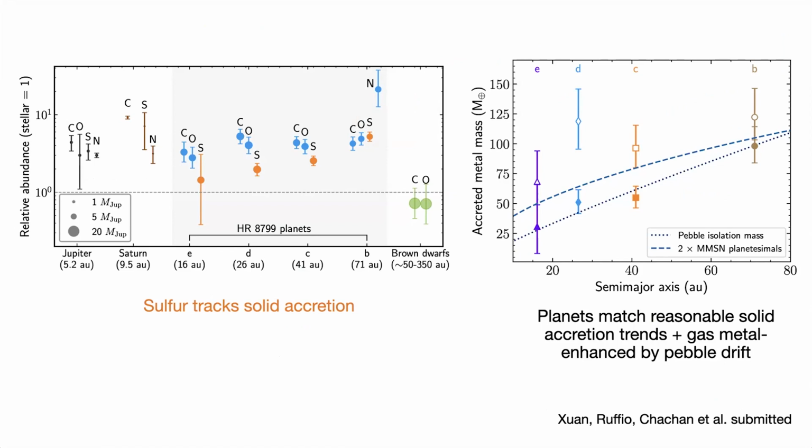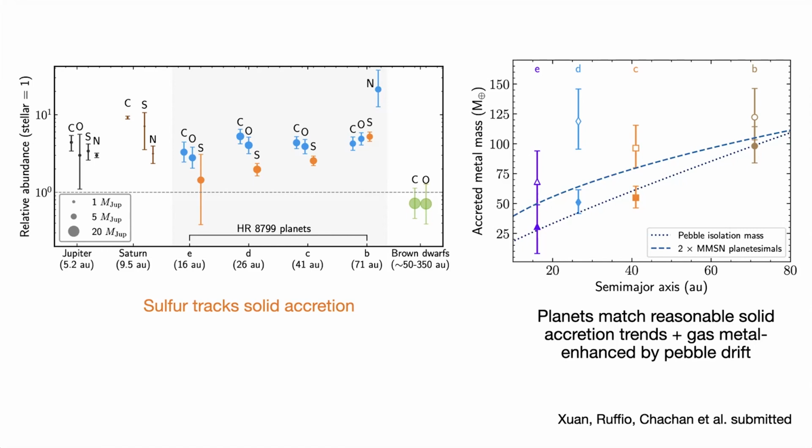So what we did was we showed that if we took the sulfur, and see, there's a trend. There didn't have to be a trend. I have to emphasize, this didn't have to make any sense. And what's beautiful about it is that it makes sense. You take the solid accretion measured from the sulfur, and it matches both reasonable pebble isolation trends or reasonable planetesimal accretion trends.